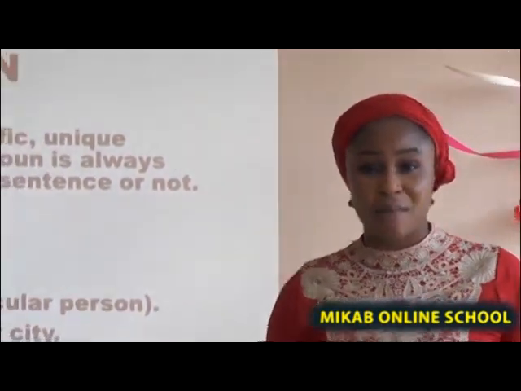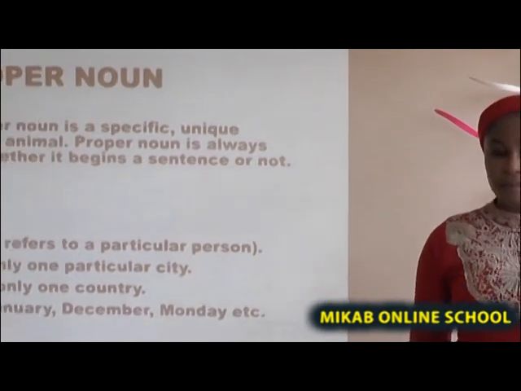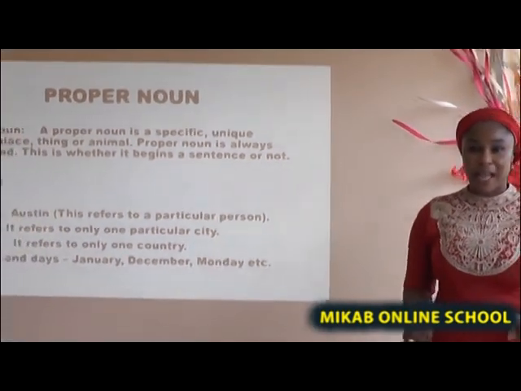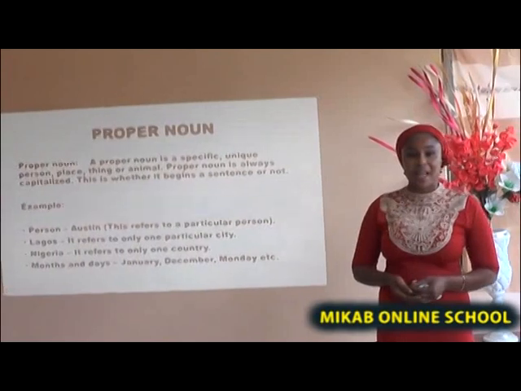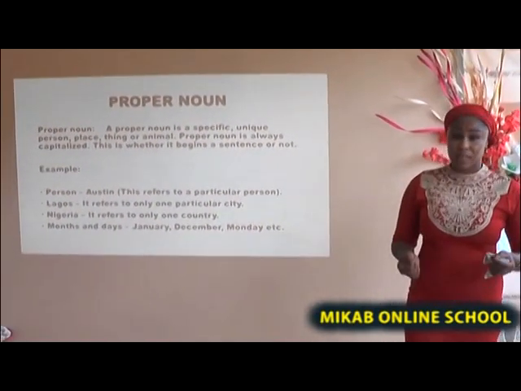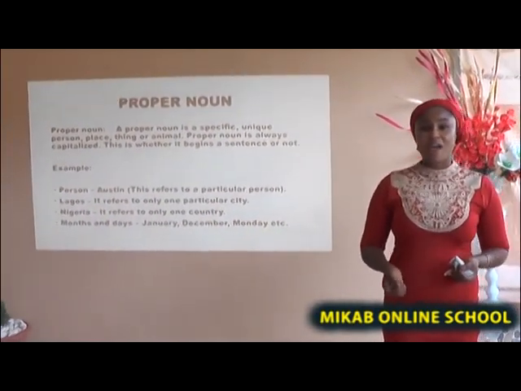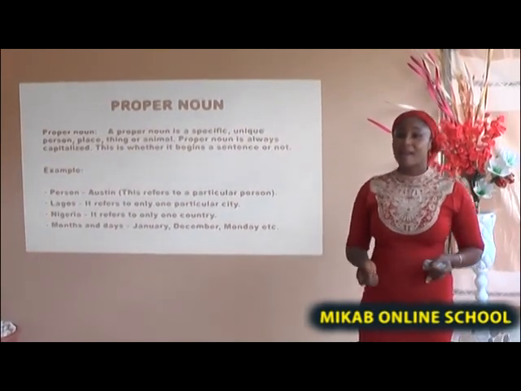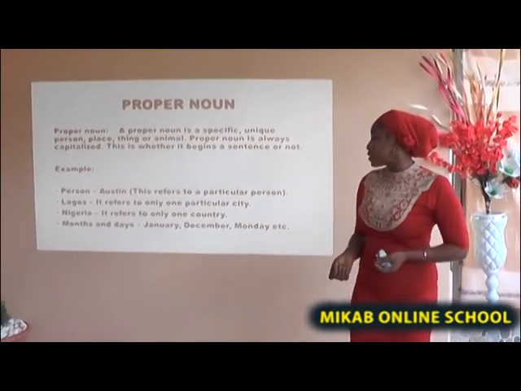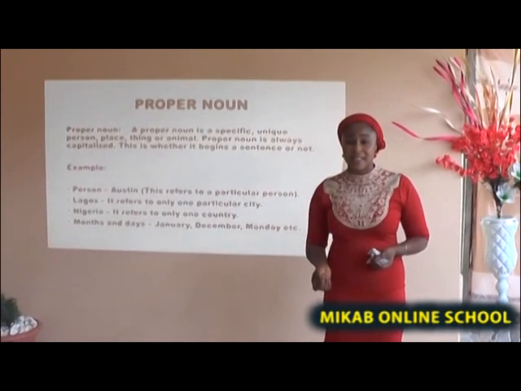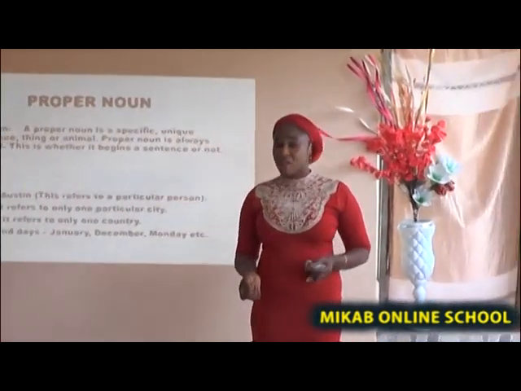So every name is what? A noun. Because in our definition of a noun, we said it is what? A naming word. Therefore, every proper noun should be capitalized, whether it begins a sentence or is found in the middle or at the end of a sentence.